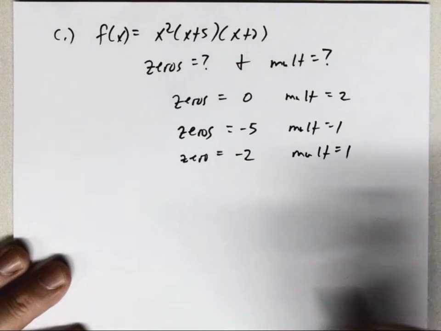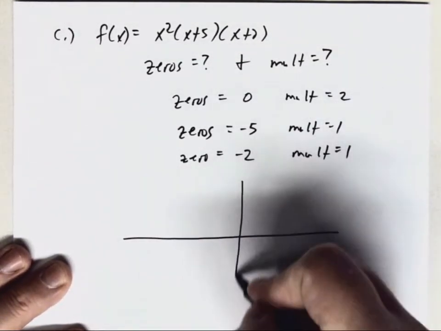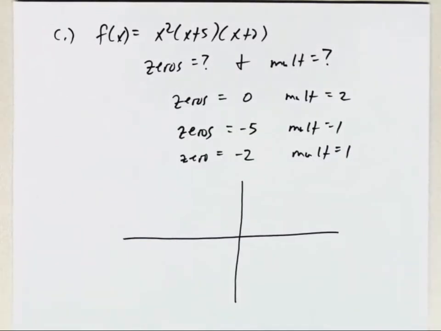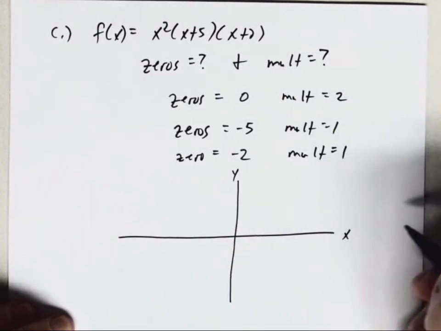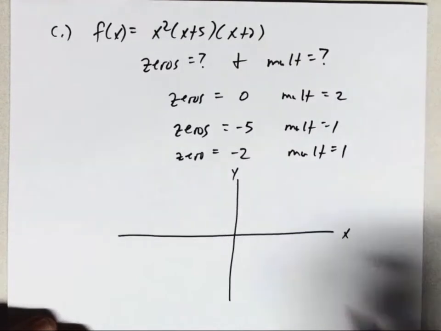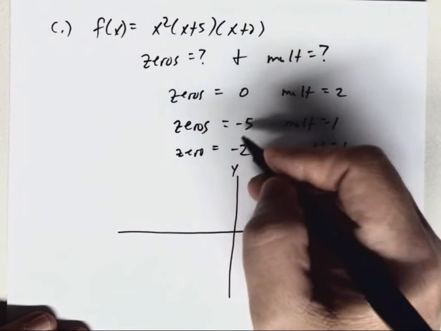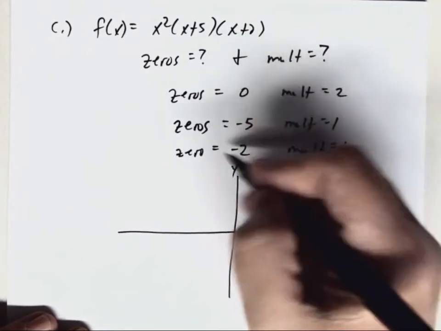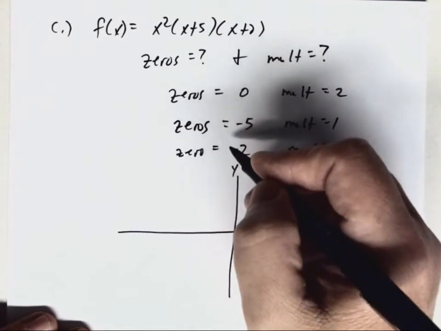These zeros, which are actually the same thing as the x-intercepts, I can now go to a graph and graph these points, because these points are like x-intercepts. Remember, x-intercepts are where the graph crosses the x-axis.